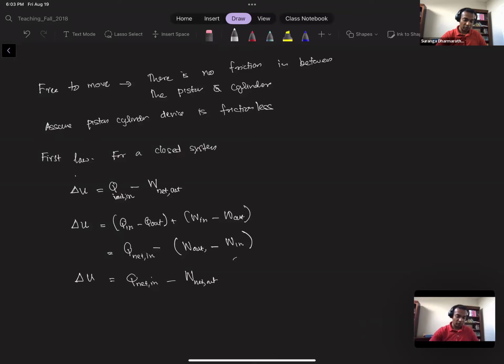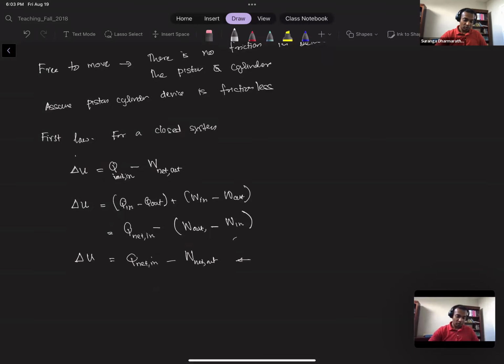Okay, so we're going to be using this during our next lessons as well for closed systems, right? So we are given how much heat is supplied. We already know this one. We are asked to find the net work output.